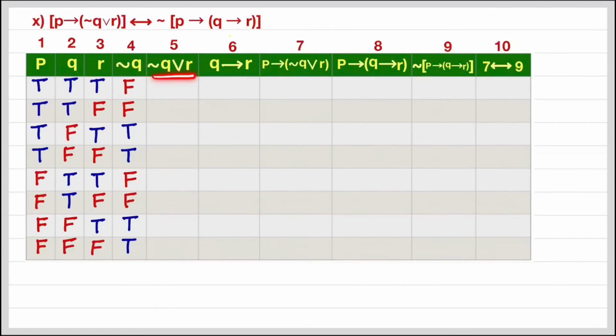Now we have to take disjunction. Disjunction of negation of Q and R. When both the statements are false, disjunction is false. See where this condition is satisfied? At the 2nd and 6th place. Disjunction is false and all other entries are true.